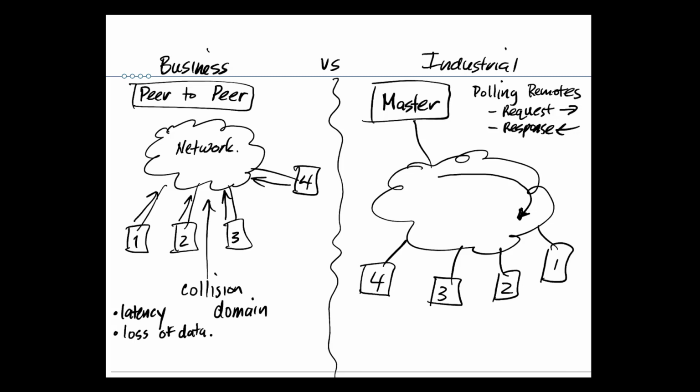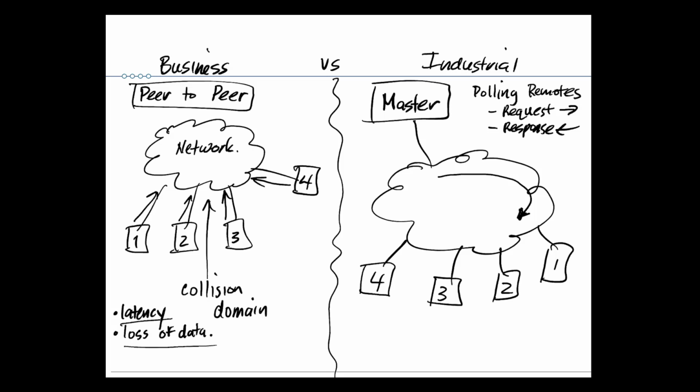An industrial network is monitoring a system or a process, and to have latency or to lose data has severe consequences.